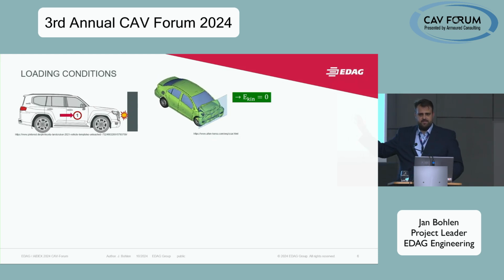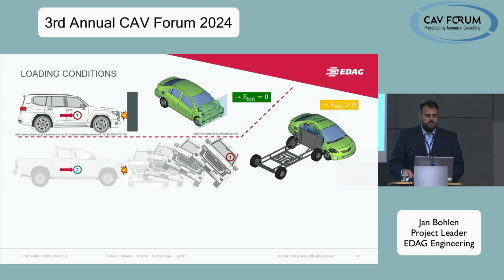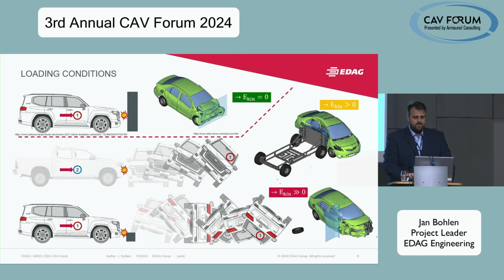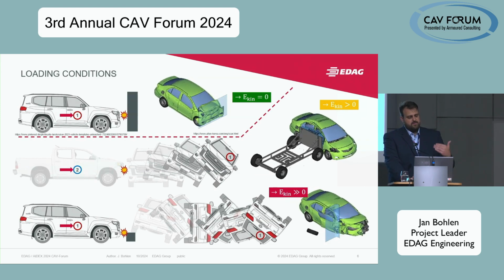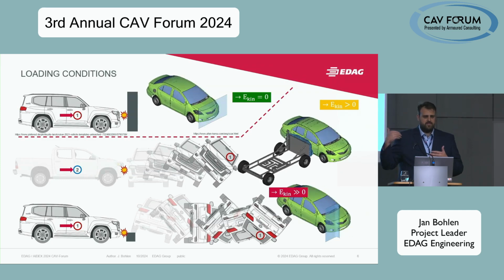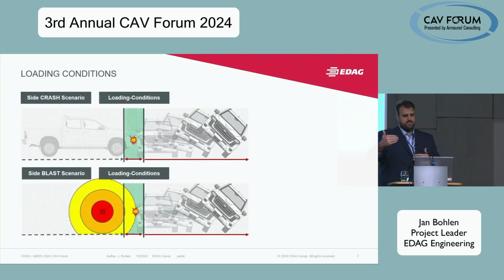So not a classic full frontal crash where all the energy is gone afterwards. So the vehicle stands still, no kinetic energy that might be transferred into deformation energy afterwards, but more on the side crash or small overlap scenarios where you have a lot of kinetic energy left after the first incident. So a high potential for a secondary crash event.